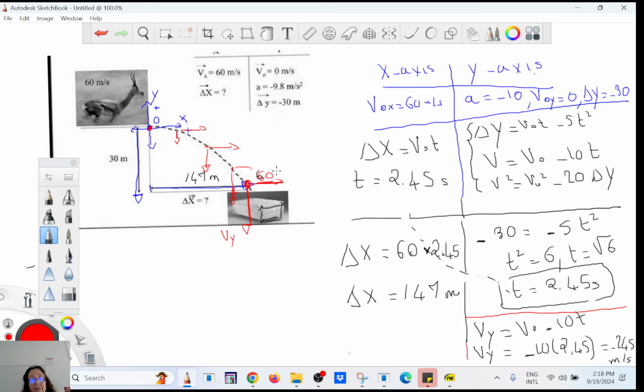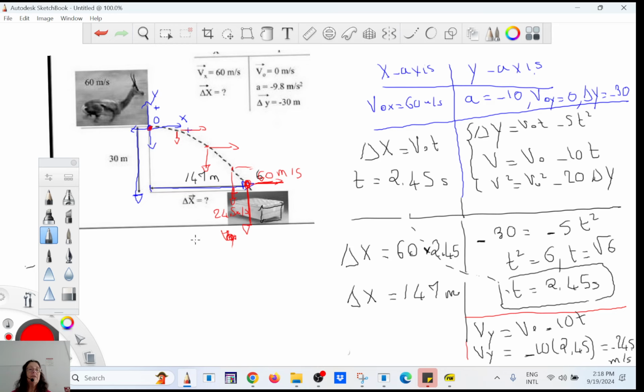The x component is 60 meters per second, and now the y component is 24.5. So what's the meaning of that? And that's going to be an introduction to what's coming next. It means it's doing two things at the same time. It's moving forward with 60 meters per second, but it's also going down with 24.5, right?